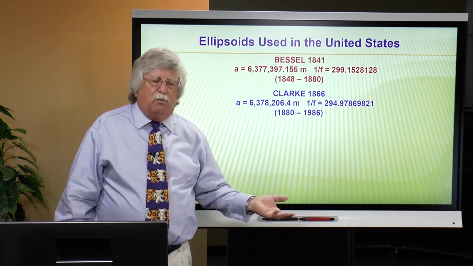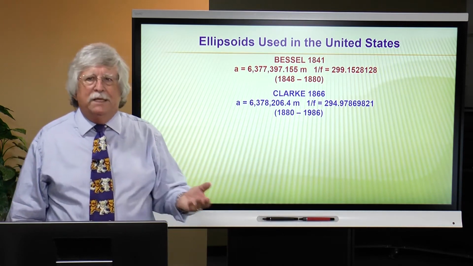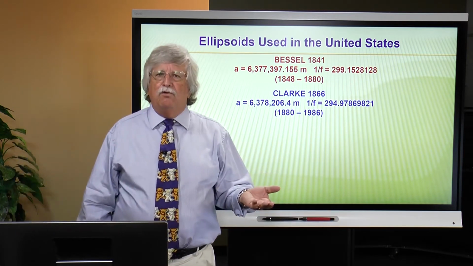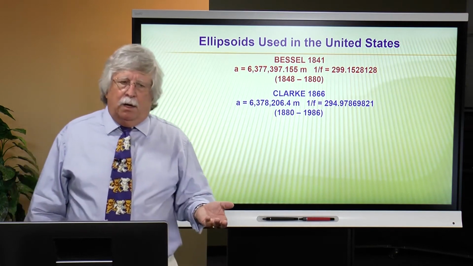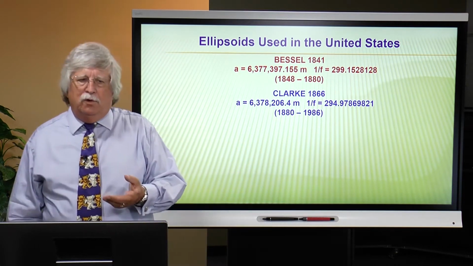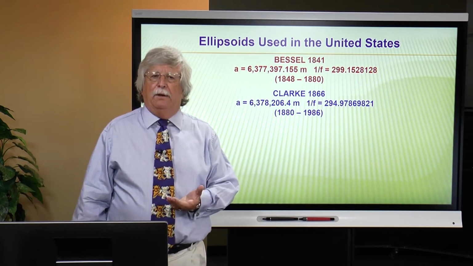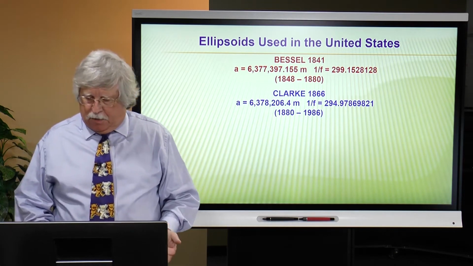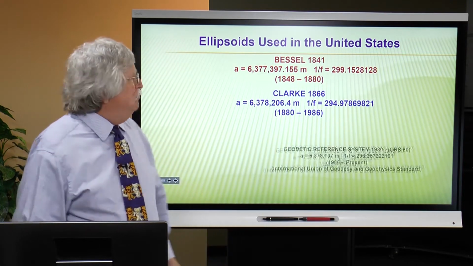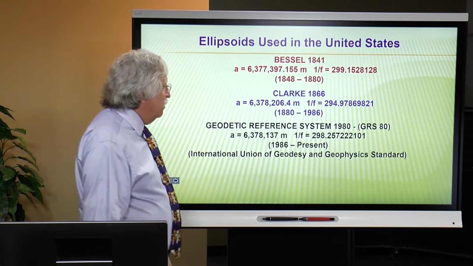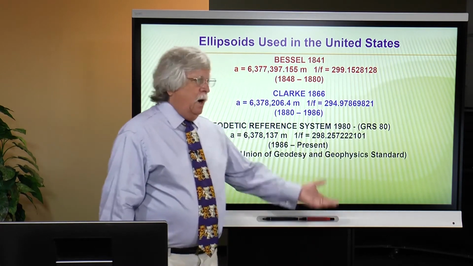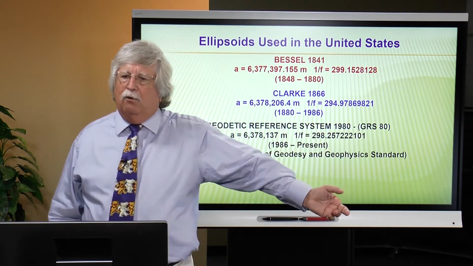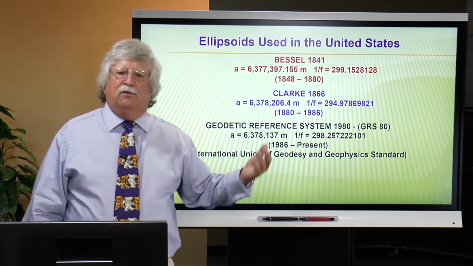Well, the realization was that the future was going to be space-based. Now, mind you, in the late 70s, no one could fully appreciate what GPS was going to do and how fast that was going to happen. But we did know the future was going to be space-based. So, at a meeting of the International Union of Geodesy and Geophysics, Canberra, Australia, in 1979, the international standard, now known as Geodetic Reference System 1980, or GRS 80, was adopted.